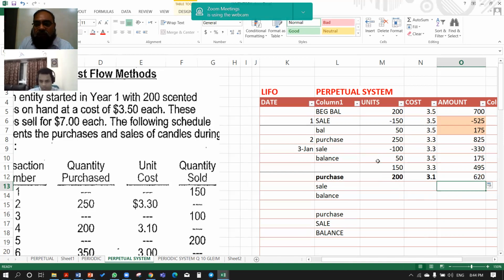For the sale we have to consider three lots, and the method is LIFO. From which lot can we sell? The latest purchase, row number 12. Minus 200 at 3.1, the amount will be minus 620.